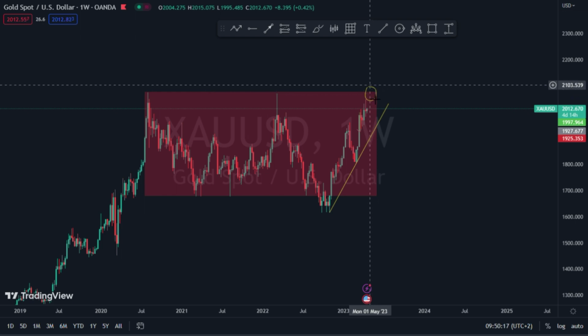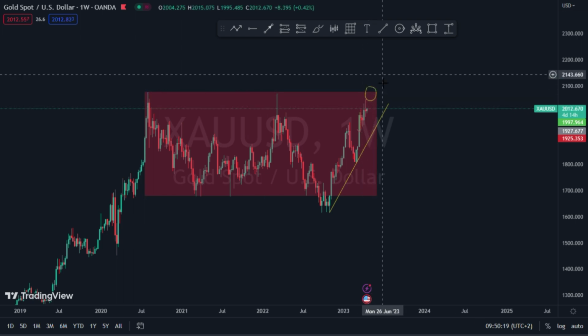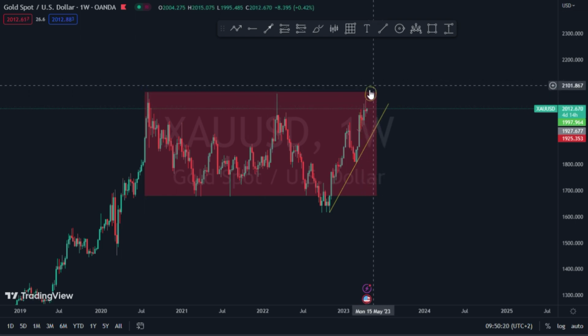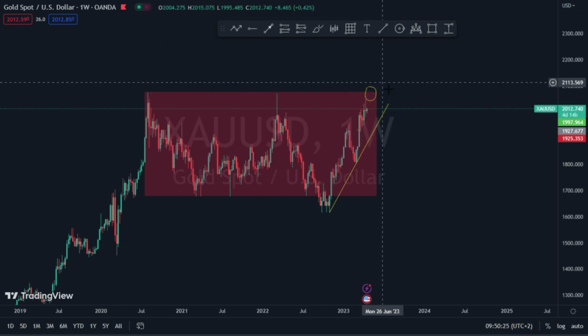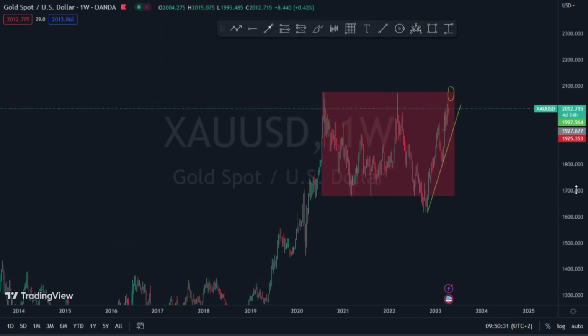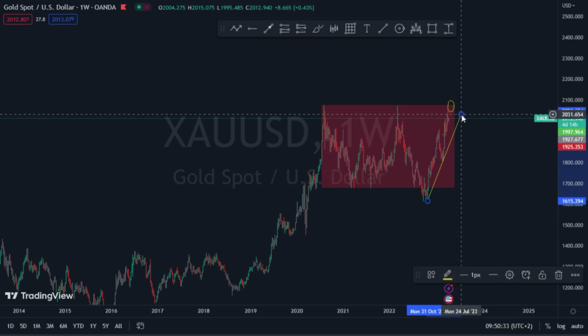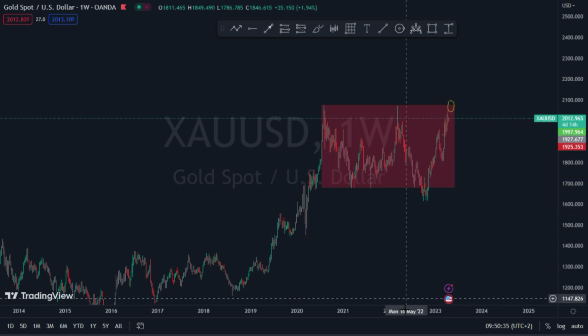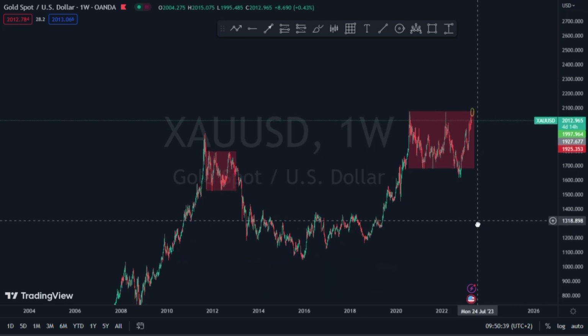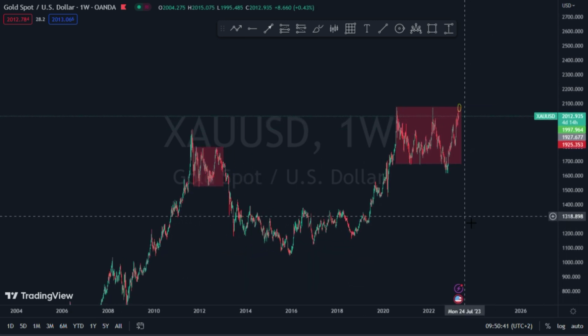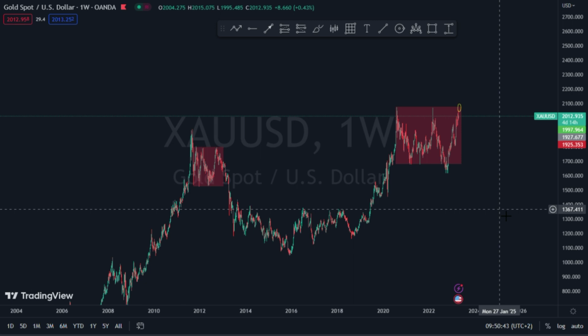Is gold gonna give us those confirmations or rejections to confirm a change in market direction, or is gold gonna break above these levels? So this is what I am seeing on gold. Now it's just a matter of waiting to see what's gonna happen next.